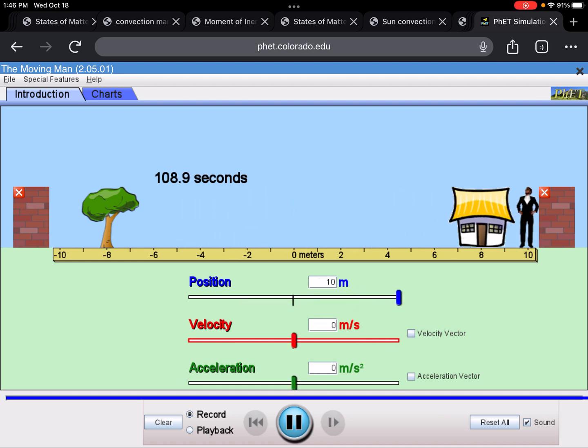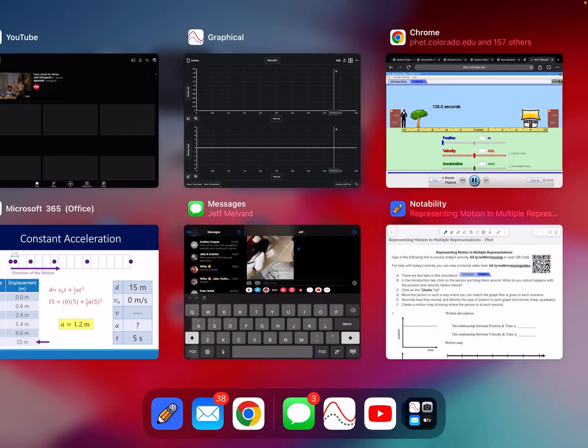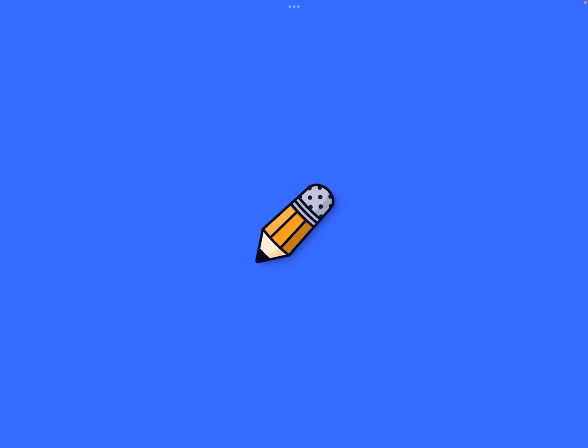How's that changing their velocity? And how's that changing their direction? You can also try doing the same thing with the acceleration one. How's that different than the velocity?